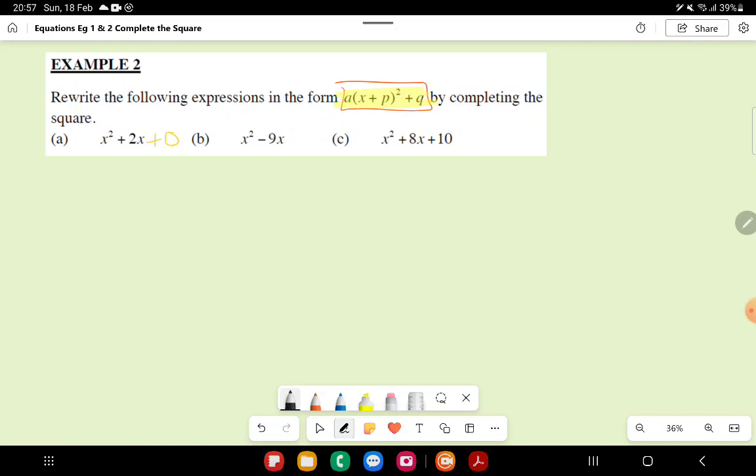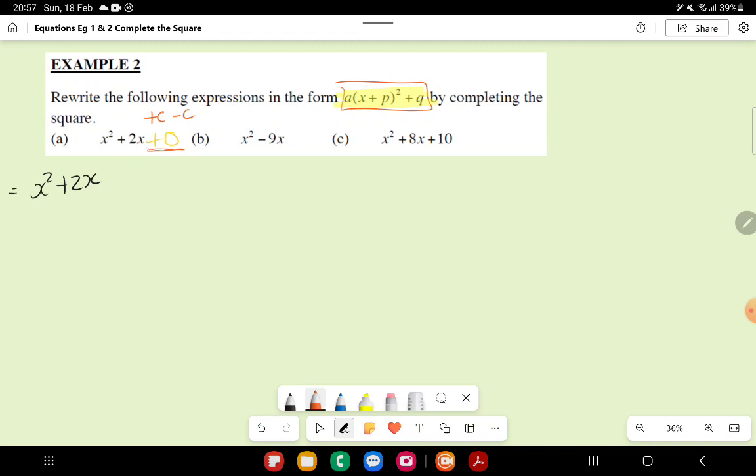First thing that we're going to do is rewrite our x squared plus 2x. That's our first line. But we want to complete the square, and you are going to do that by adding and subtracting c. You are literally going to say plus c minus c. And that plus c minus c must equal 0.